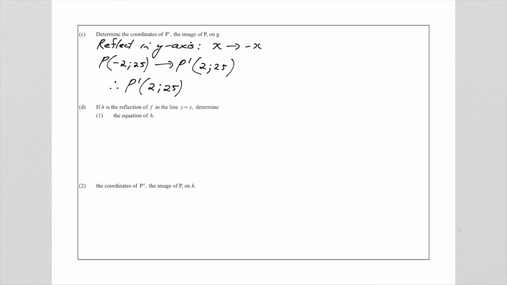So now we are ready for number D. Number D says that if h is the reflection of f, so just always read carefully. We want h now. You can see the question is to find the equation of h. But what must we do to get to h? h is the reflection of f in the line y equal to x. So if I find the reflection of f in the line y equal to x, it means we find the inverse.